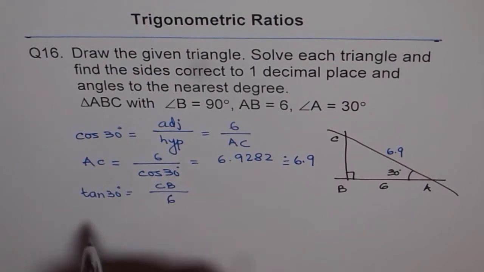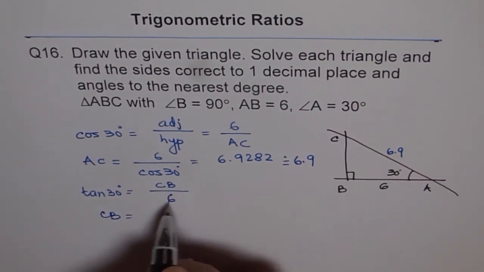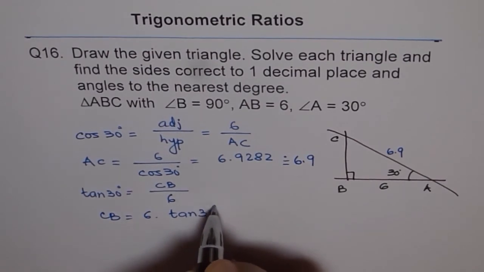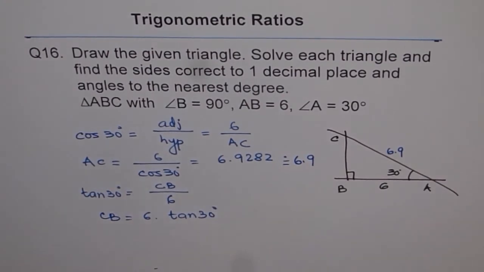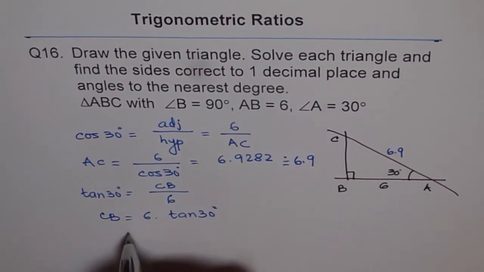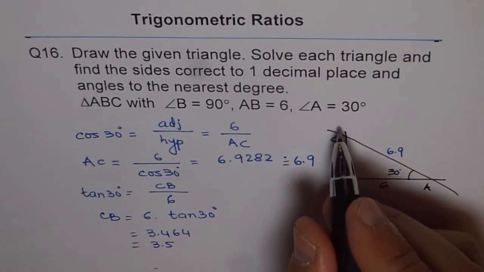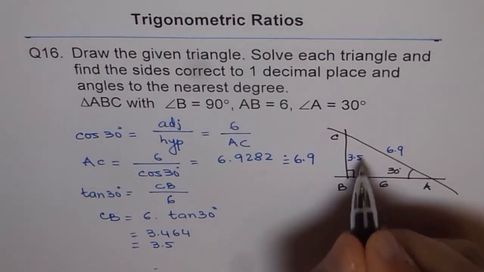Now CB equals, we can cross multiply, 6 times tan of 30 degrees, which is 3.464. And we'll round it to one decimal place, which will give me 3.5. So CB is 3.5 for us.